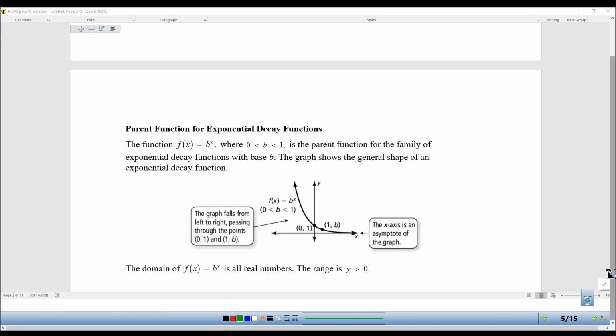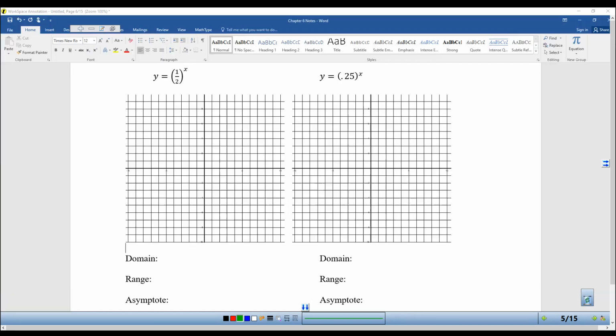So it is almost the same for a decay function. Now, a decay function is going to mean that b is between 0 and 1, so some kind of fraction less than 1. So again, we can go ahead and graph this. Anything to the 0 power is 1, but if you put a 1 in, you're going to get 1/2, which is not going to give you this side of it.